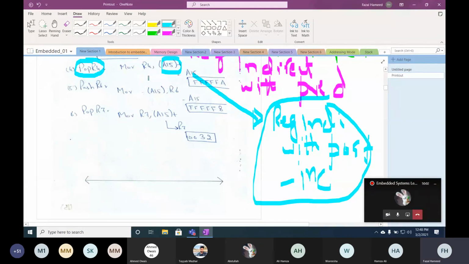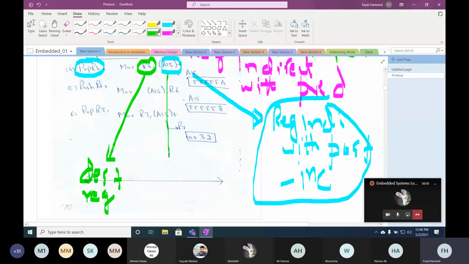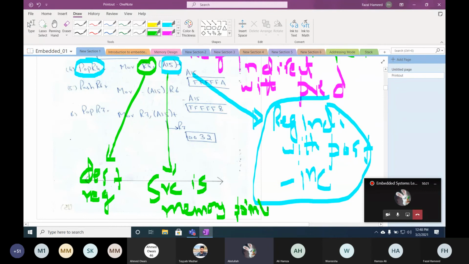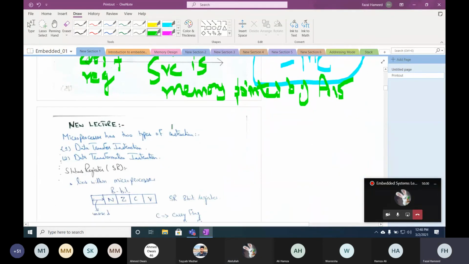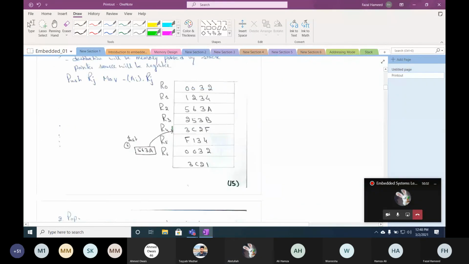And in this particular example, is the destination memory or register? Register, sir. And what about this A15? The source is memory, pointed by the stack pointer, which in this example is A15. Okay?